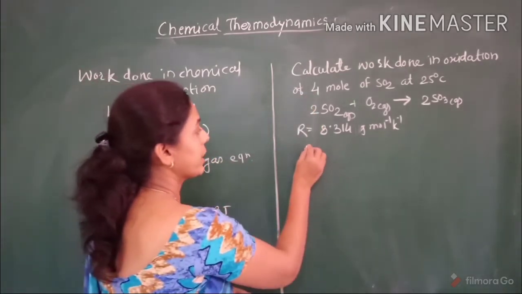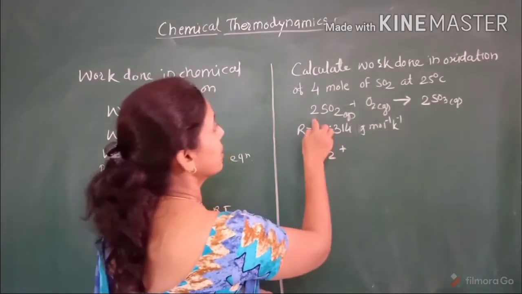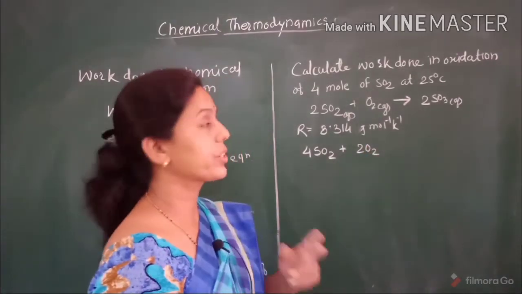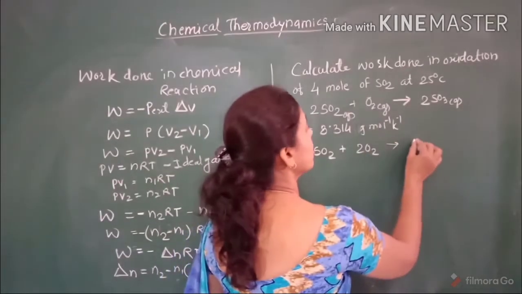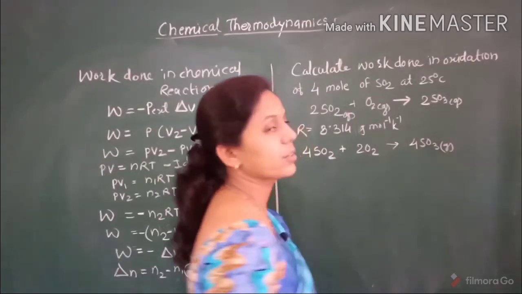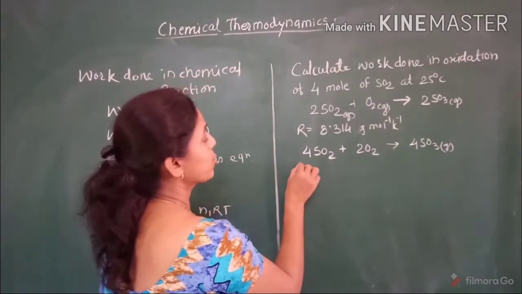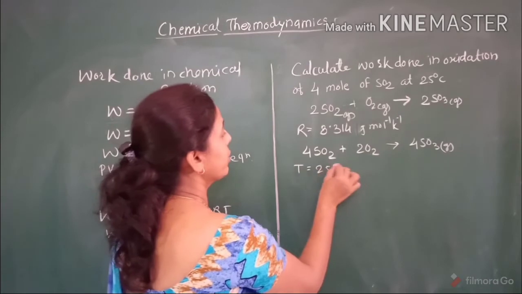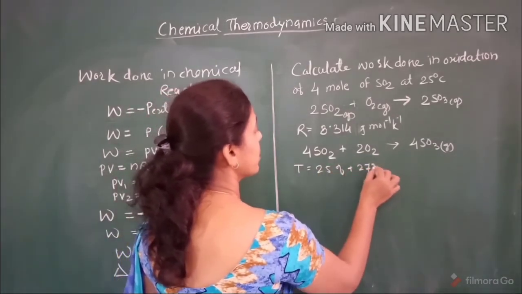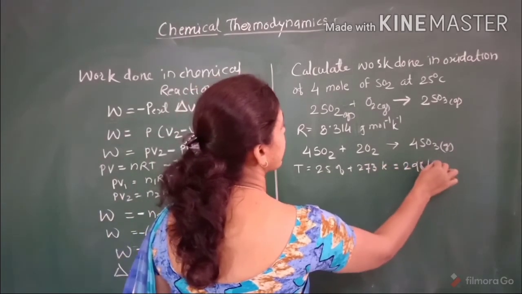So we can write 4SO2 plus 2O2, that means we multiply the whole equation by 2, and you will get 4SO3 in gaseous state. R is given and temperature is also given, 25 degrees Celsius. You have to convert it to Kelvin, that means 273 plus 25, your answer is 298 Kelvin.